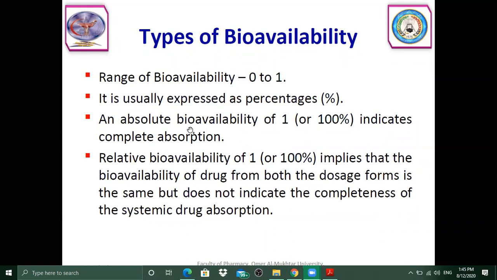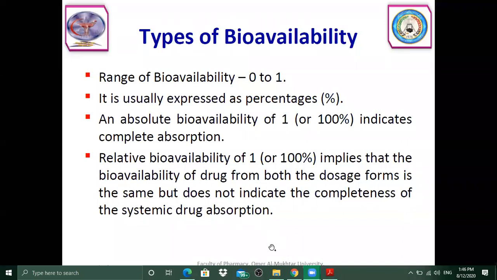In absolute bioavailability, you will be looking for a value nearby 1, which indicates that your formulation has complete absorption, as with the intravenous administration that you have given. And in relative bioavailability, 1 implies that the bioavailability of the drug from both dosage forms is the same, but it does not always indicate the completeness of the systemic drug absorption.